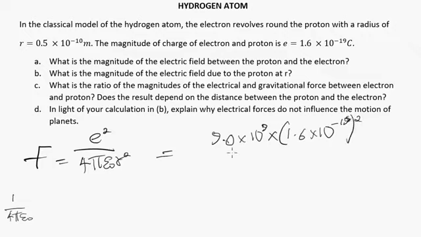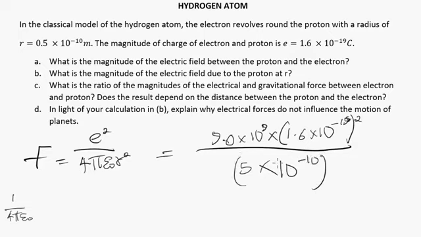This should be over the square of r, which is the distance, 0.5 times 10 to the power of minus 10 meters. So we write 0.5 times 10 to the power of minus 10 meters, and then we square it.